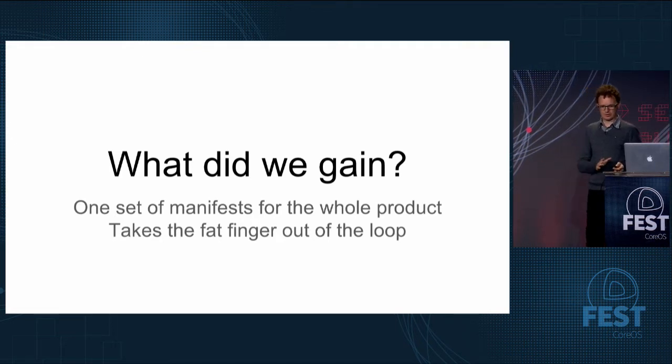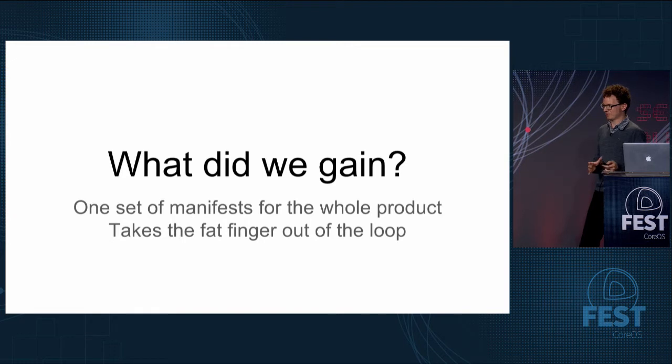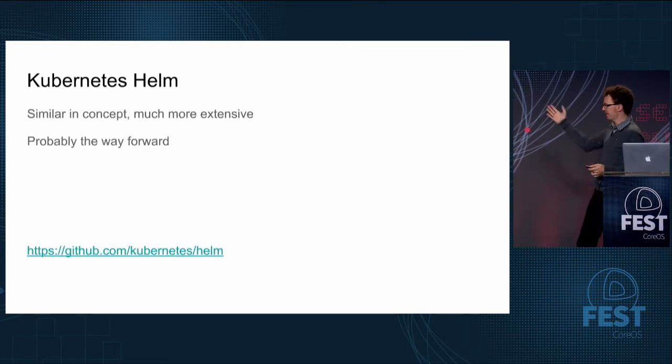Now, if you know the Kubernetes ecosystem a little bit, this might look very familiar. It looks like Helm, and that is exactly true, because it does the same thing, except Helm nowadays does much, much more things. So why don't we use Helm? Well, probably we should, and I recommend you look into it.